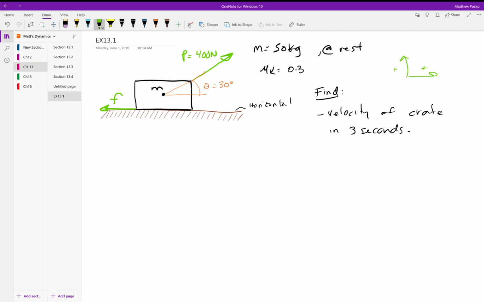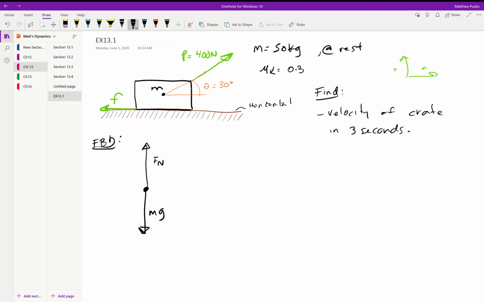Okay, so the first thing to do would be our free body diagram. Represent this as a mass. I try to go ahead and put mg pointed down right away. That means we're also going to have a normal force pointed up.